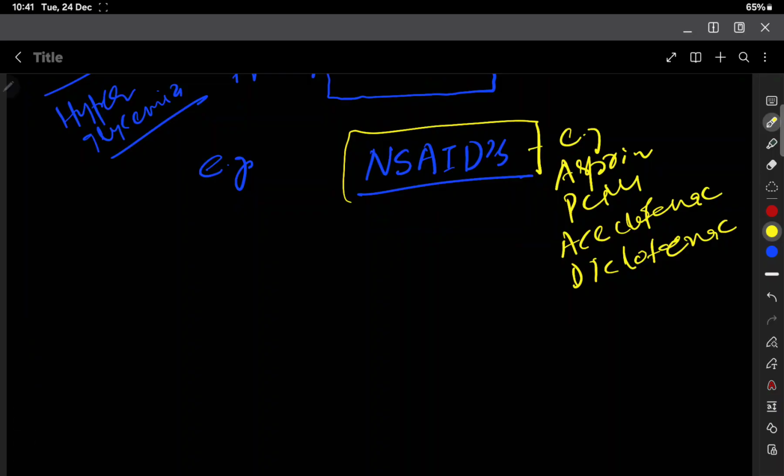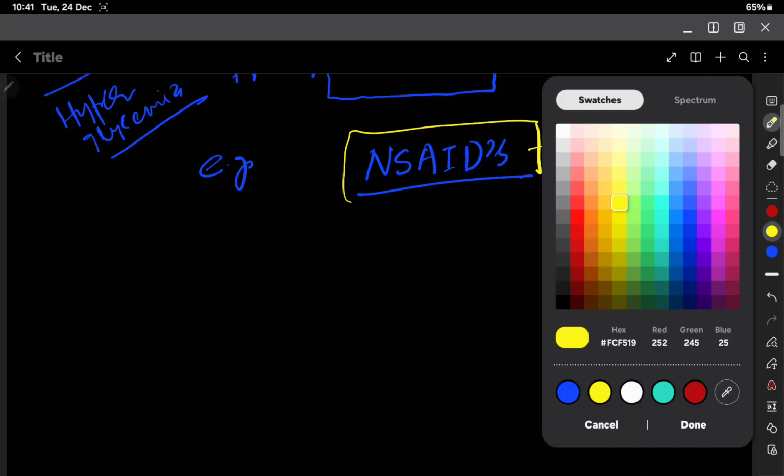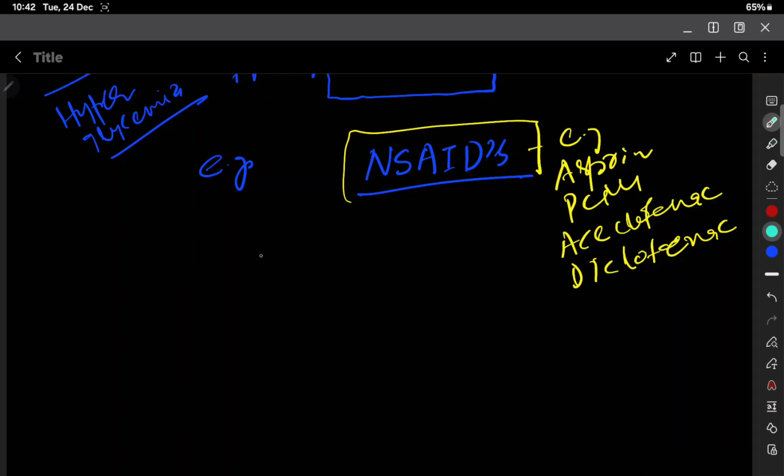When there is any type of injury, I will change this color here. For example, our membrane is made up of membrane phospholipids. This membrane phospholipid is present in the cell membrane.